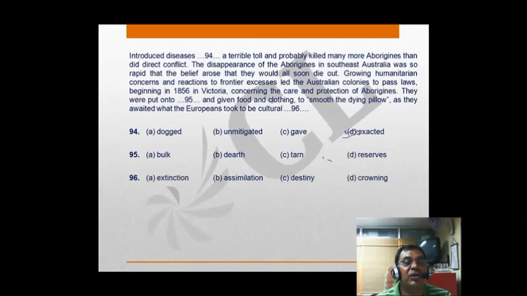Growing humanitarian concern on the frontier caused Victoria to pass laws concerning the care and protection of the Aborigines. They were put onto reserves, obviously reserves, and given food and clothing to ease their dying pillow. As they waited, what they looked to, the cultural extinction.